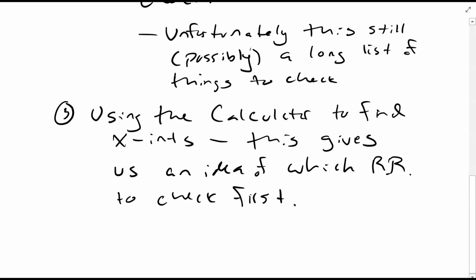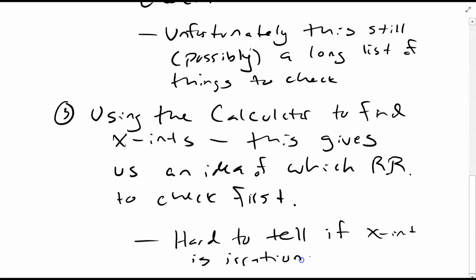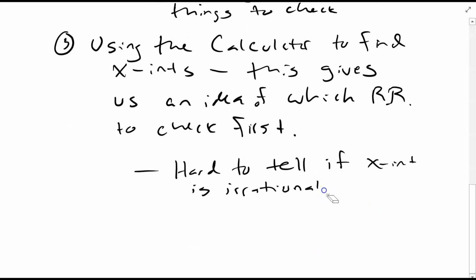So more often than not, in fact, it's going to tell us exactly a good rational root to use. The drawback here is sometimes it's hard to tell if the x-intercept is irrational. We can't distinguish.